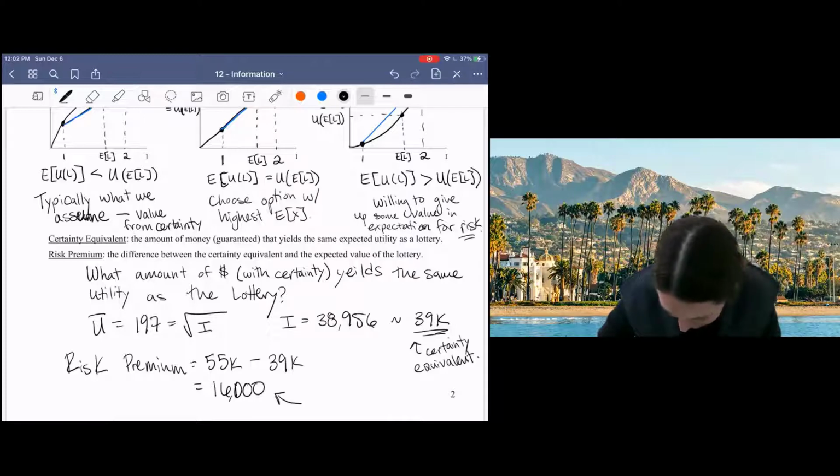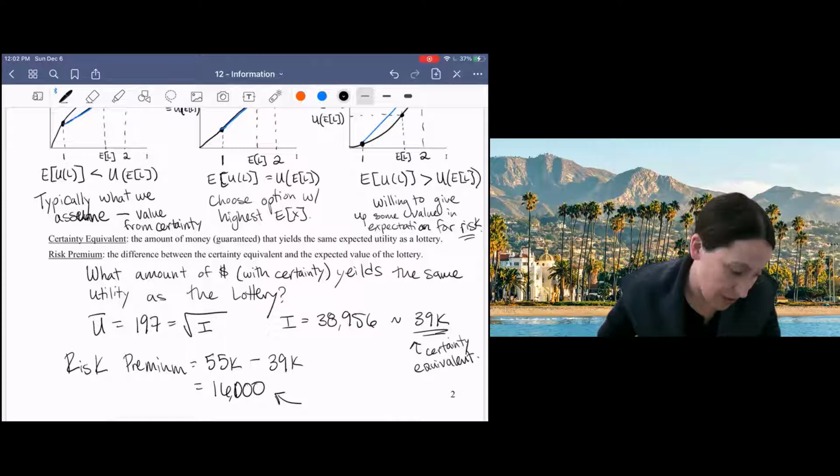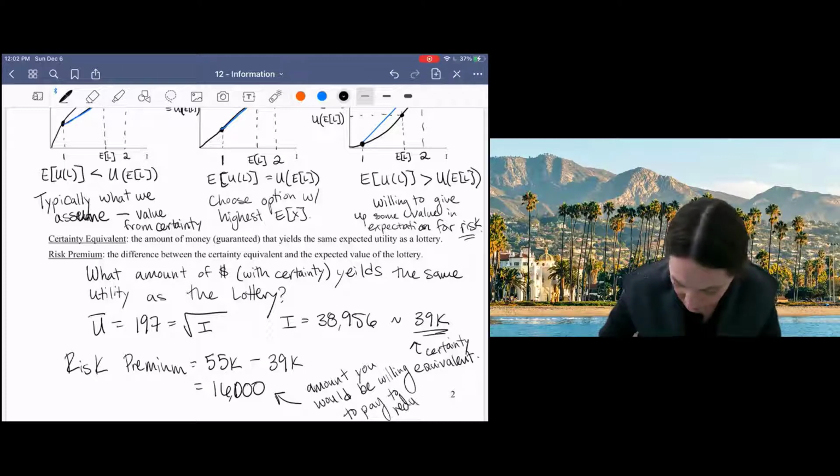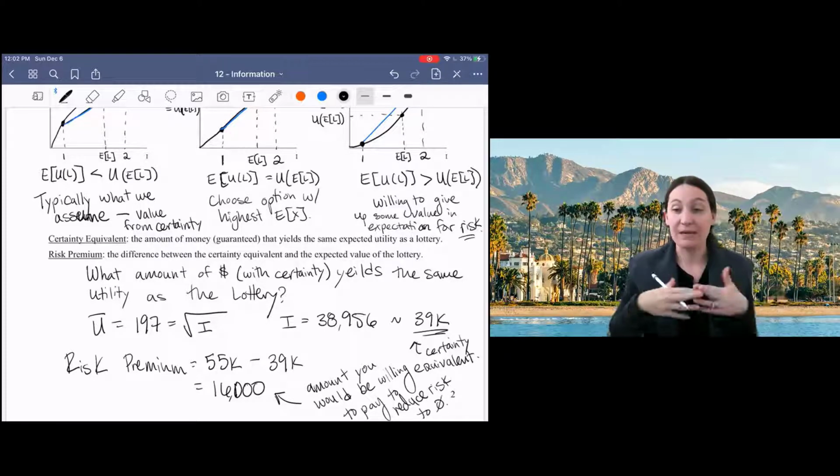That is the disutility you get from the risk, or in other words, the amount you would be willing to pay to reduce risk. Okay, to eliminate your risk.